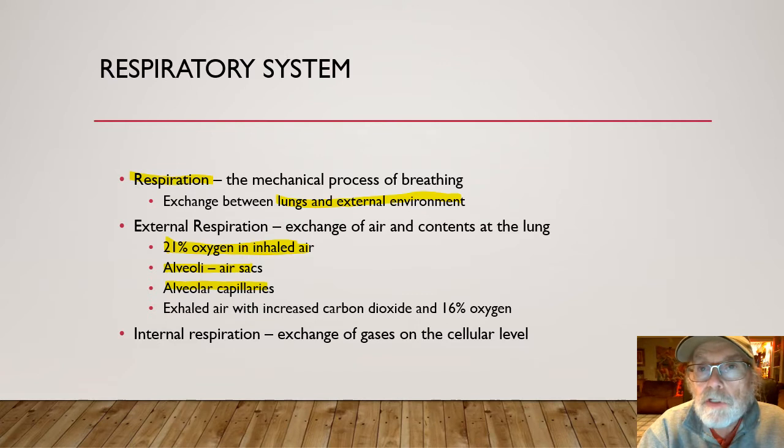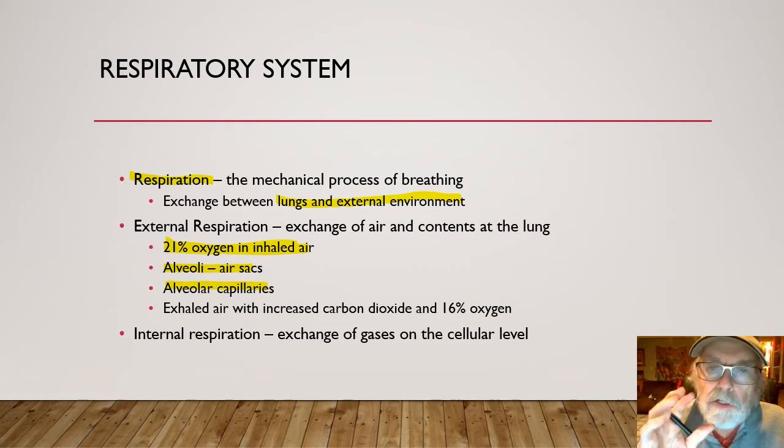Well, the air that we breathe in is about 21% oxygen. It turns out that the concentration of oxygen in the blood when it gets back to the lungs is less than that. Here's a rule: things usually go from high concentration to low concentration.